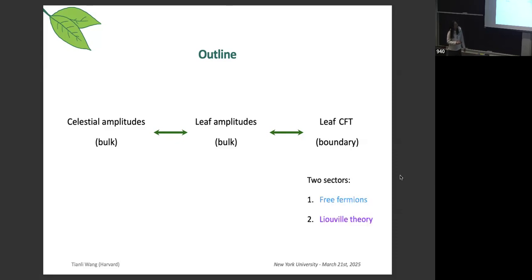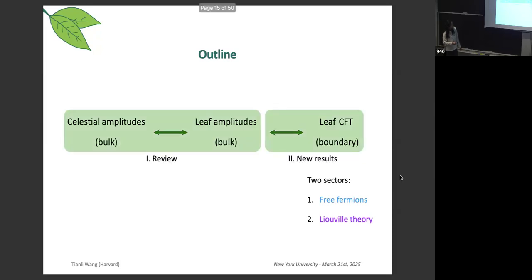And this CFT contains two parts. One is with free fermions. Sorry, but only for the maximally helicity violating set. So far, yes. Yeah, exactly. I'll make a comment about that at the end of the talk too. So the first sector is free fermions, which is responsible for the spin structure of the amplitude, and the second one is Liouville theory.